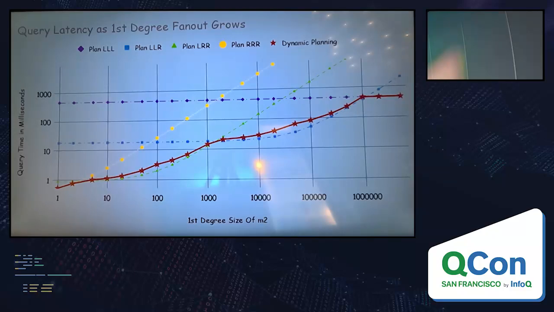Now the dynamic plan, you can see it's not quite as good as perfectly optimal because it costs you a little bit to figure out how to use it, right? Like we're going to say, okay, how big is the fan out from Bob? How big is the fan out from Alice? Okay, pick the smaller one, expand that. Did that get super huge, right?